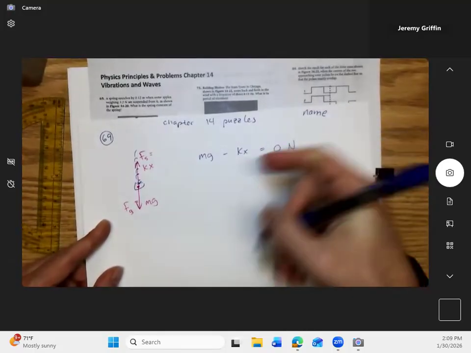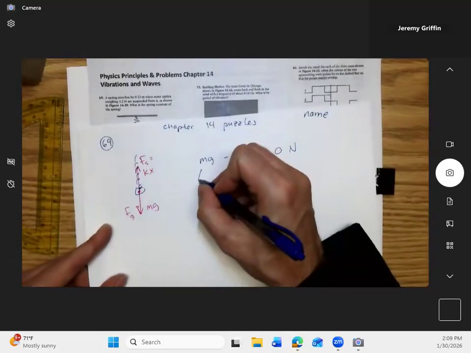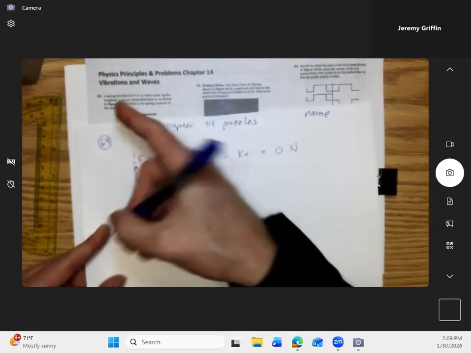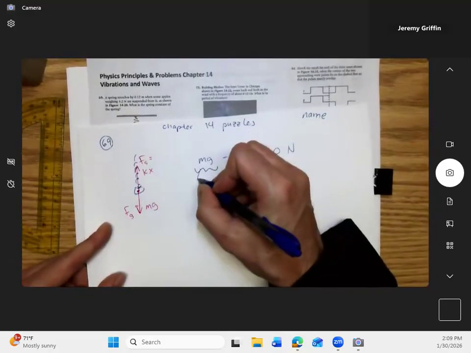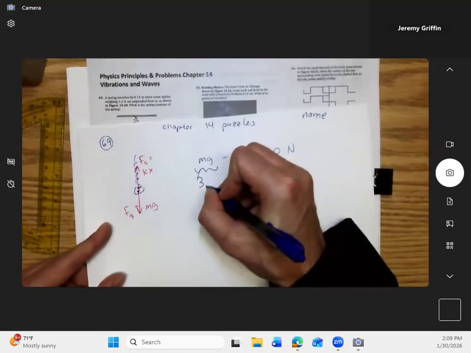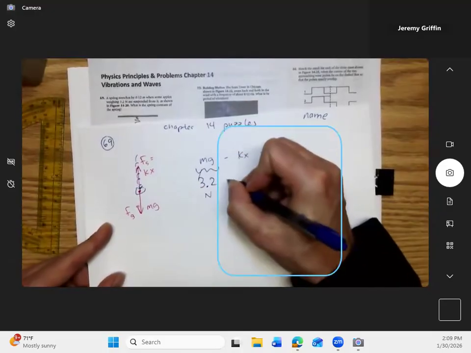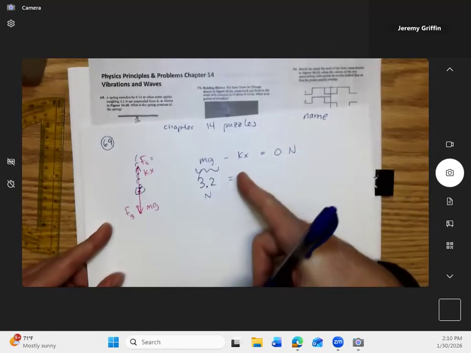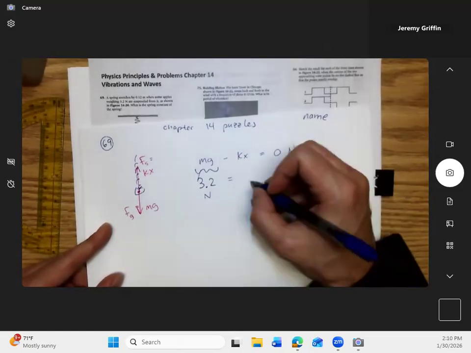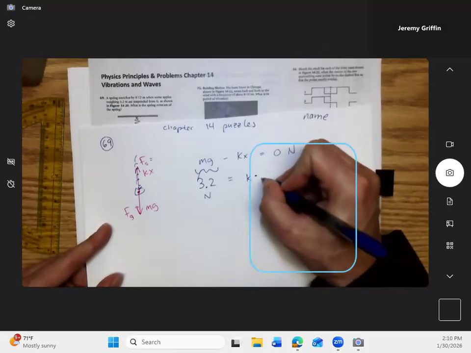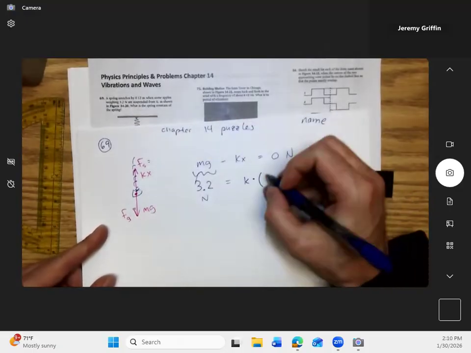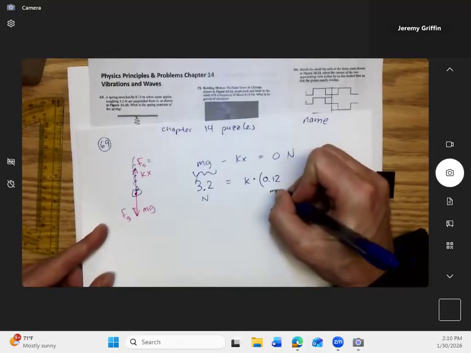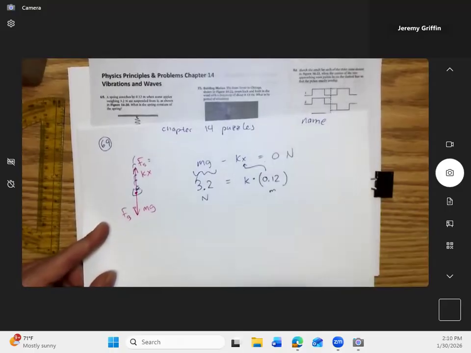They didn't give us the mass, but they gave us the full weight. So this whole mg itself is 3.2 newtons. That's equal to, because I added over kx, so k times x. And then in place of x, let's put 0.12, that's meters. That takes the place of that x right there.